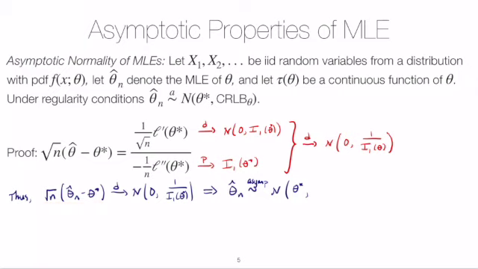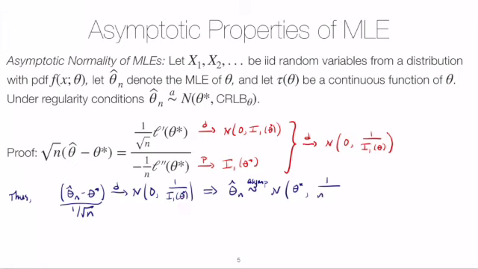Usually we see it not multiplied by the square root of n, but divided by the square root of n, and so this n would get multiplied by this denominator, because this whole thing is part of the standard error. The constant is part of the standard error of the MLE.